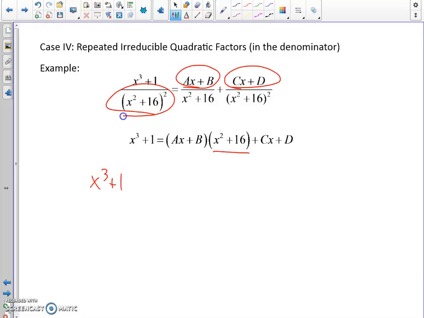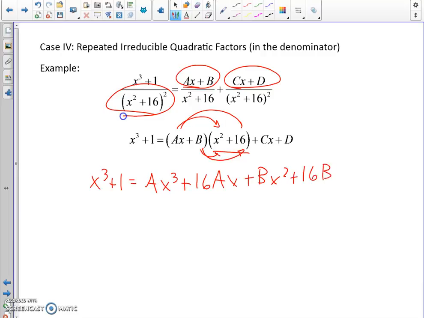x cubed plus 1 then is ax cubed plus 16ax plus bx squared plus 16b, and then I've got cx plus d. I'm going to have an x cubed, an x squared, an x, and a constant. Those are just reminders that I need 4 equations. I've got 4 unknowns.